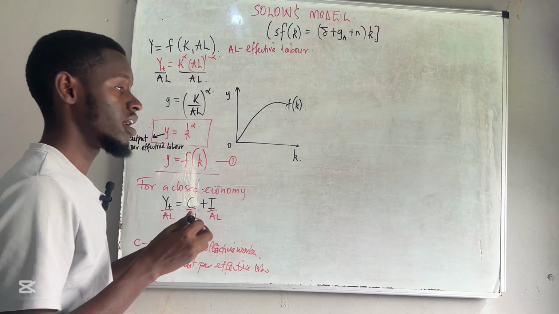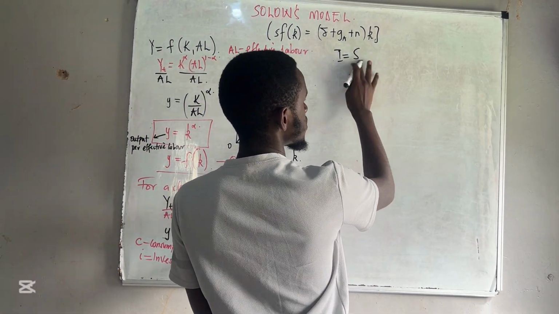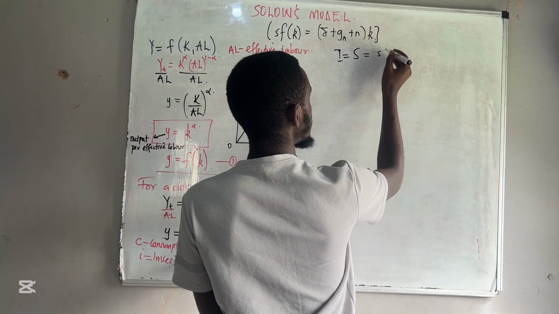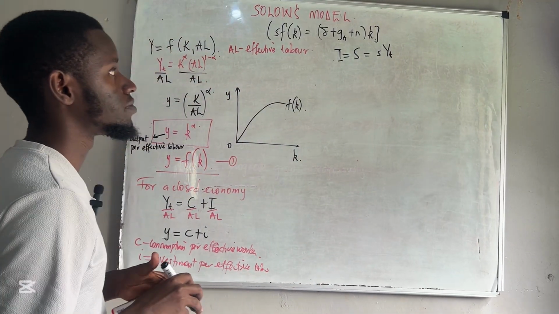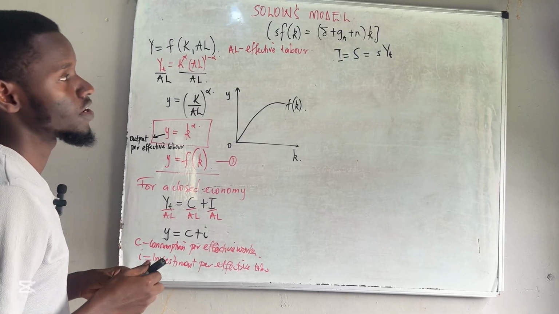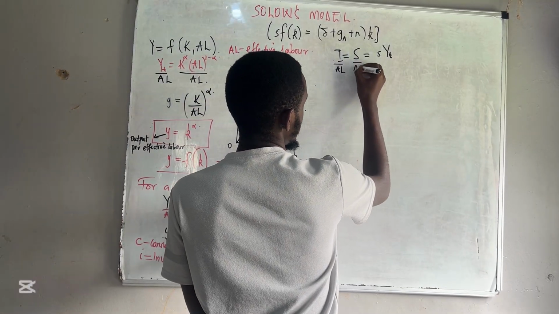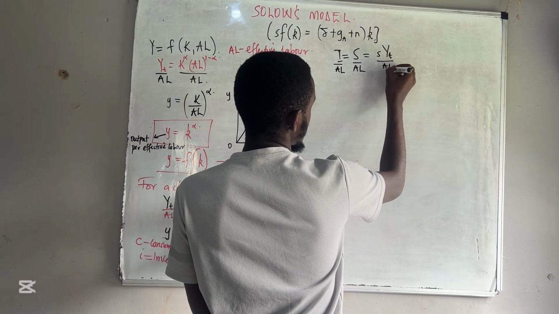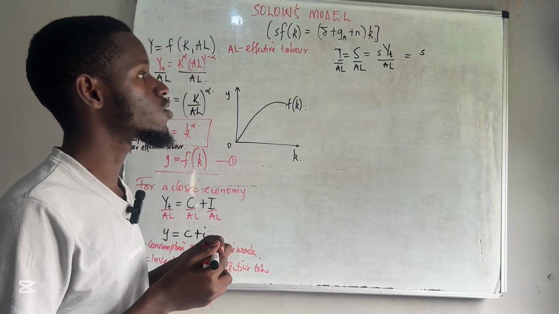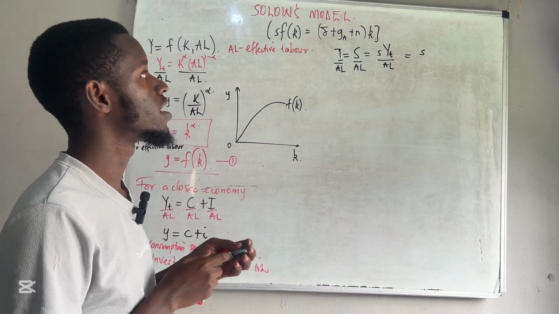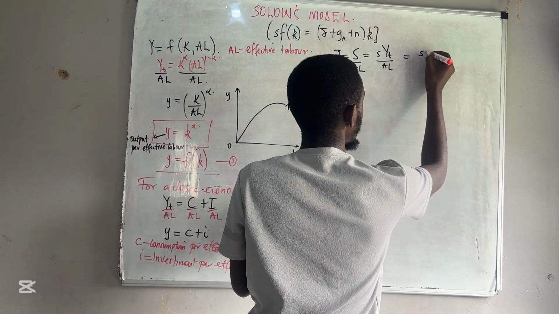Now from there, members, remember our investment equals saving, as we said, and saving equals small s times Yt, where small s is our saving rate. Now if we divide through everywhere by AL, small s times Y over AL, which is per effective worker, is going to be small y.